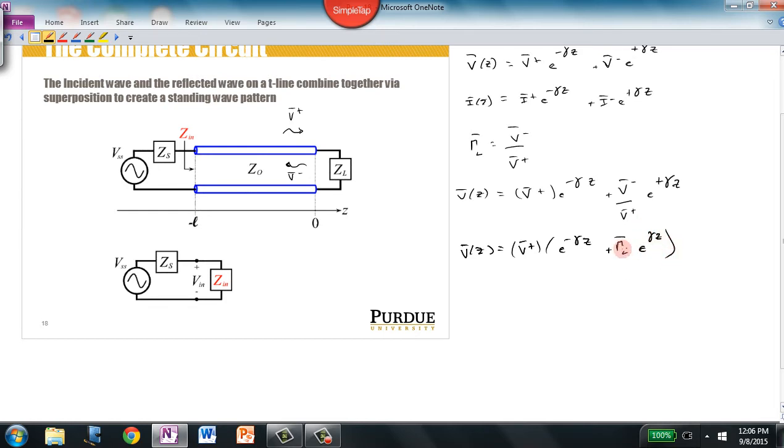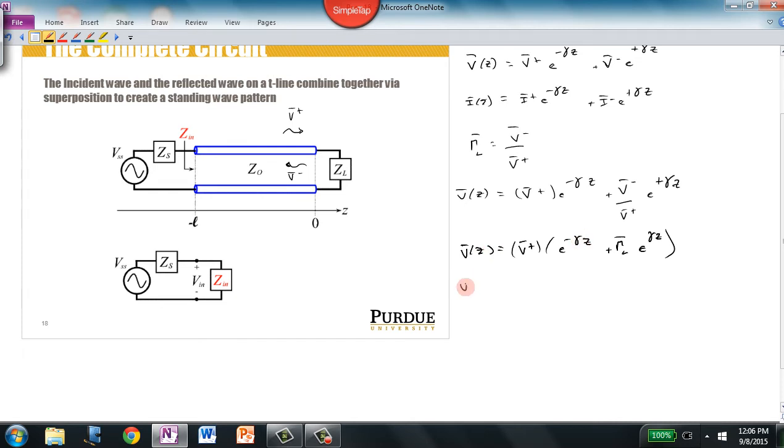And this was handy because we also have other formulas for the reflection coefficient that aren't dependent on voltage and current. They're only dependent on known quantities Z0 and ZL. So we can determine the reflection coefficient. So that allows us to simplify this equation a little bit. And we could write a similar equation for the current.